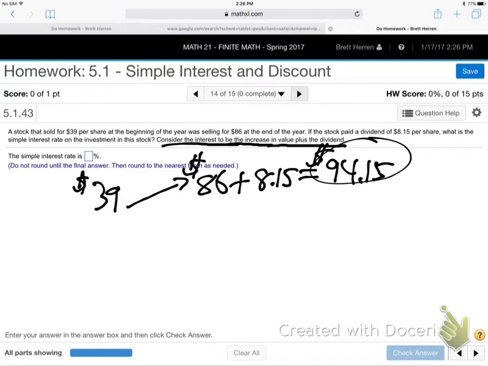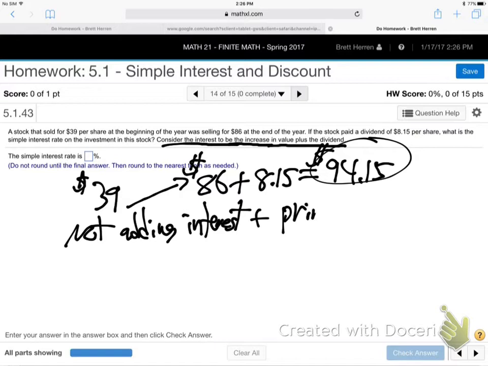On this problem, we're not adding back the principal at any time. I don't know if you see that. That's what's a little subtle to see. We're never adding interest plus principal on this problem.